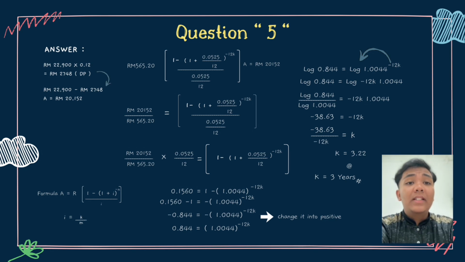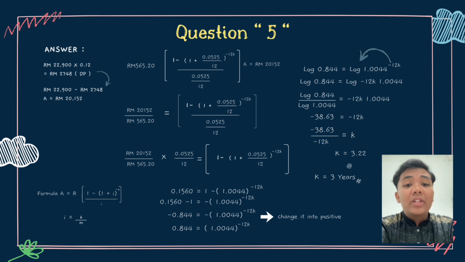We need to calculate the small bracket first, which is 1 plus 0.0525 divided by 12. We calculate that and get 1.0044, and then we put it on the line, so we get 0.1560 equals 1 minus bracket 1.0044 power negative 12k.